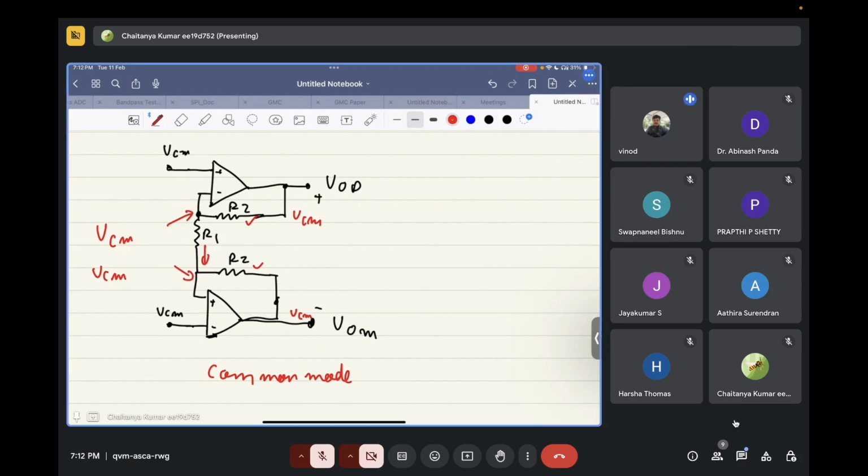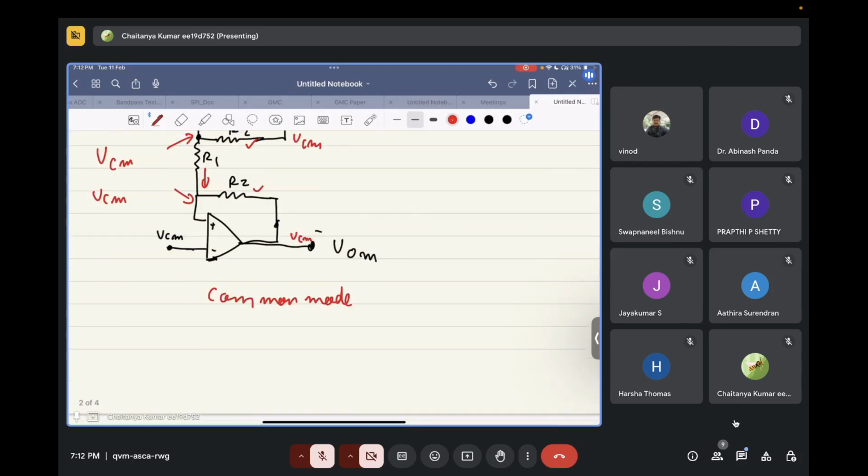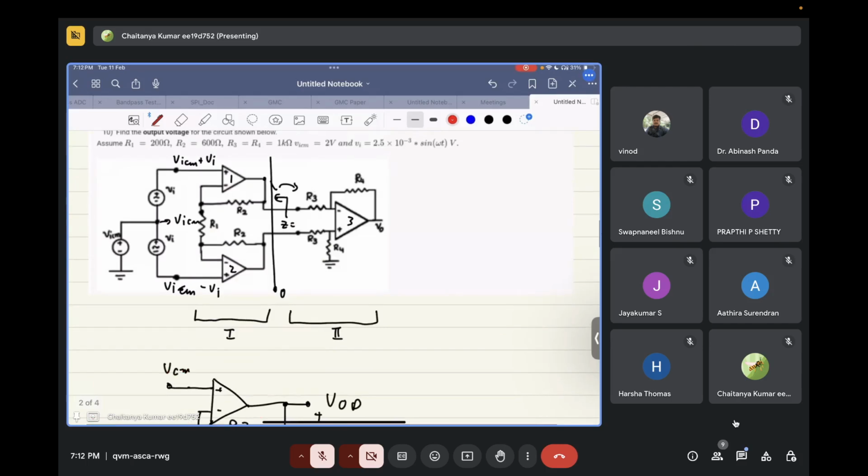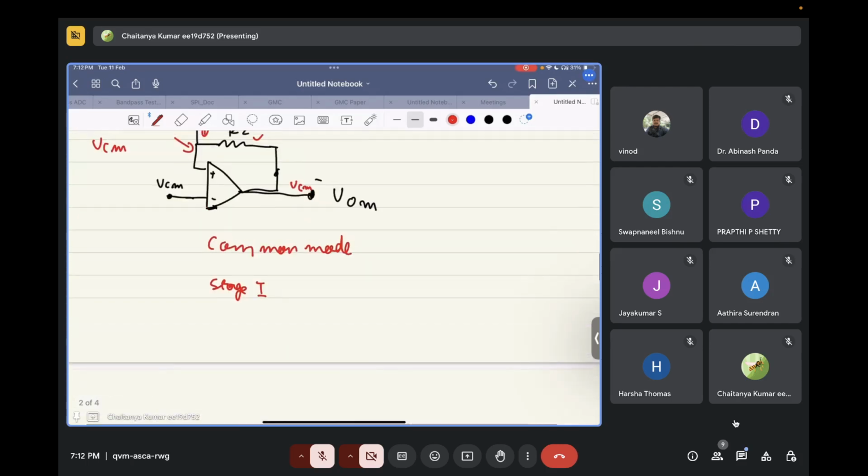Correct? Yes, sir. Okay. So the common mode gain of this stage, let's call this stage 1, ACM is equal to 1, right? Whatever input VCM you are giving, the same output VCM you are getting.